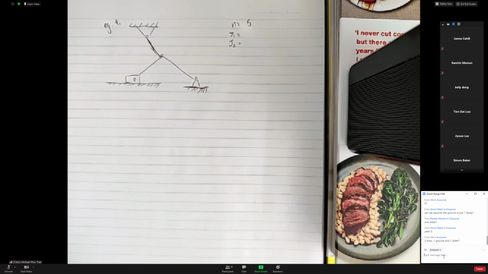How many single joints have we got? So 1, 2, 3, 4, 5.